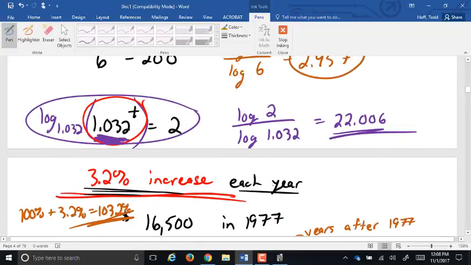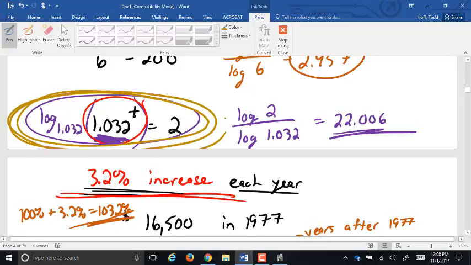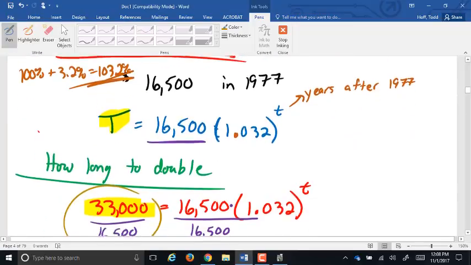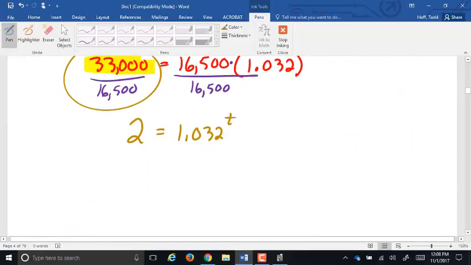If we look back about 8 minutes ago, we just solved that equation. Since our variable is the power of our exponent, we're going to solve it with a log, and our log has to have the base of 1.032.